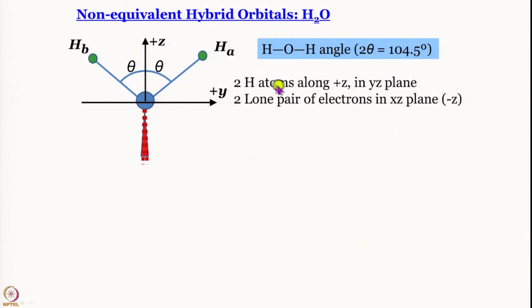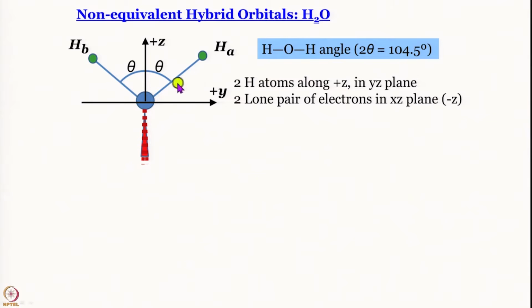What we see is that for water the bond angle is even less than 109.5 degrees. So, the p contribution in these orbitals must be a little more than 75%. The p contribution in the orbitals used to accommodate lone pairs has to be a little less, right. So, this is something that we understand. Now, we will work out the expression for how much p contribution.